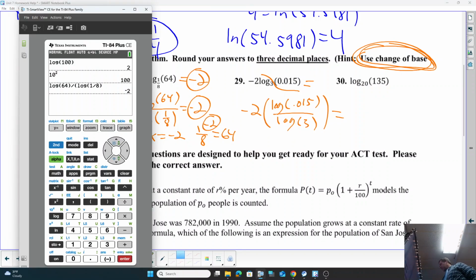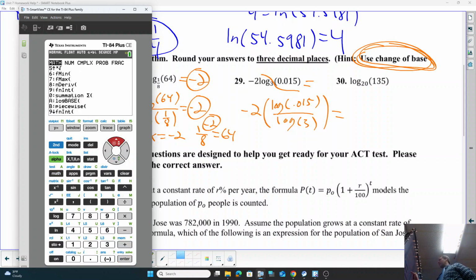Okay, here we go. So -2, parenthesis, log base 10 of 0.015, divided by log 3. And so the answer we get is 7.645.